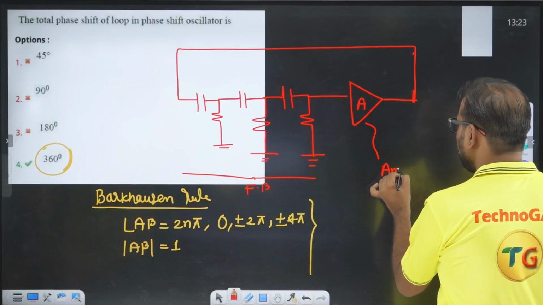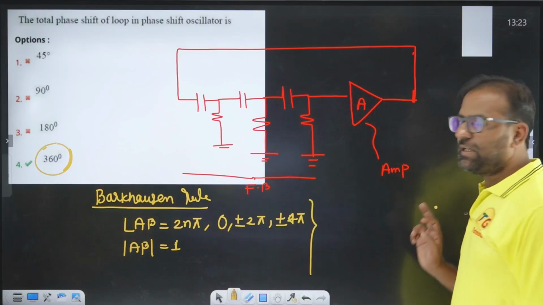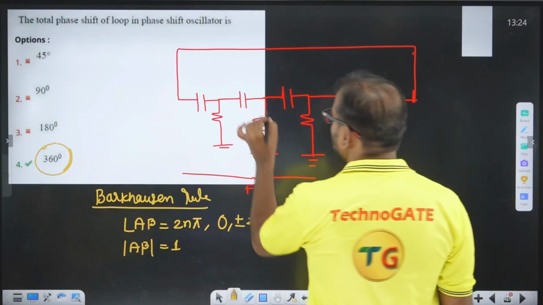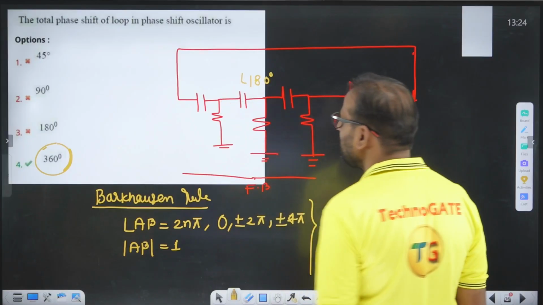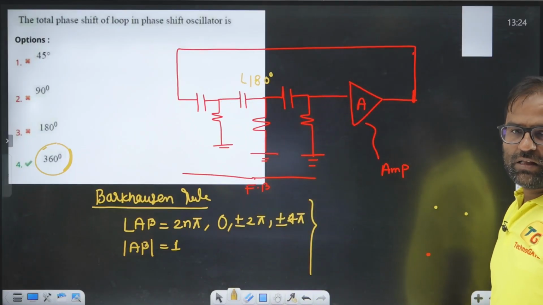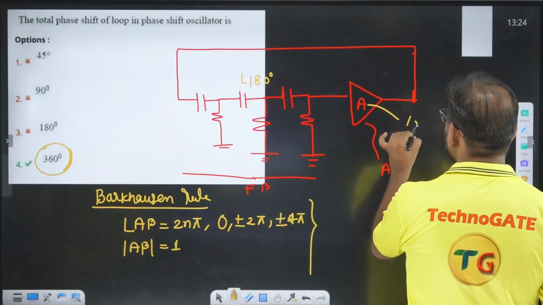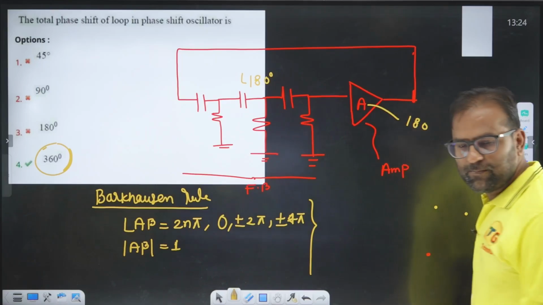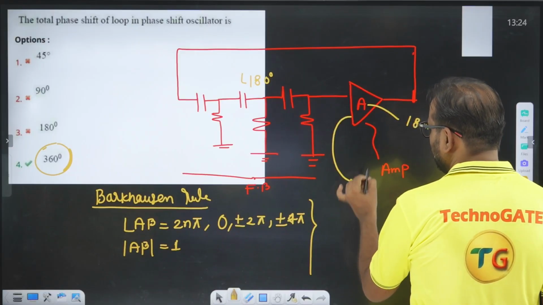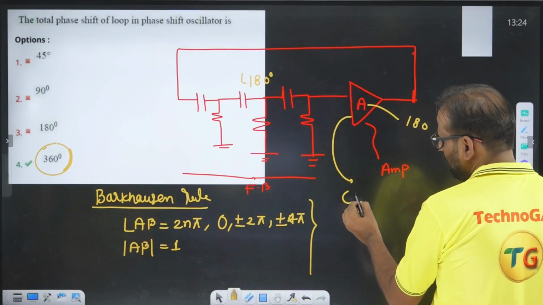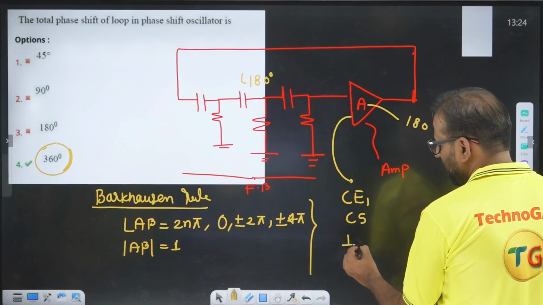So always remember, in the RC phase shift oscillator, the feedback provides a phase shift of 180 degrees. The 180 degree phase shift is provided by this three-stage RC combination. So can I say the remaining 180 degree phase shift should be provided by the amplifier? For 180 degree phase shift, what amplifier can you use? You can use a common emitter amplifier, common source amplifier, or inverting op-amp.